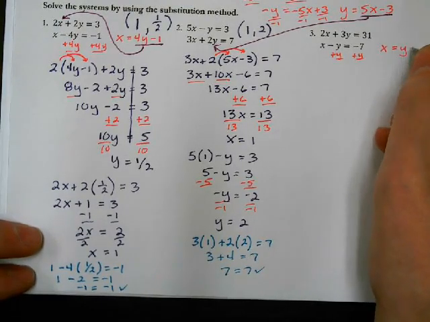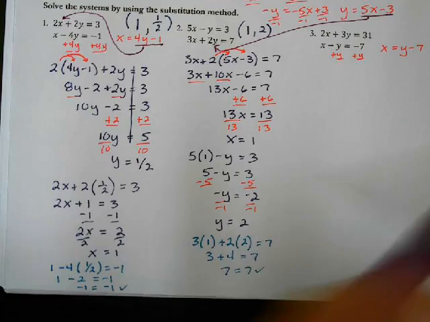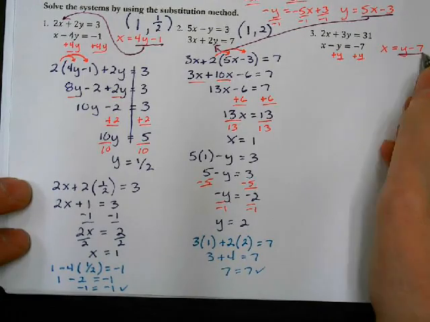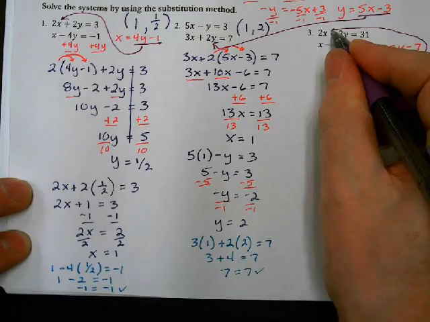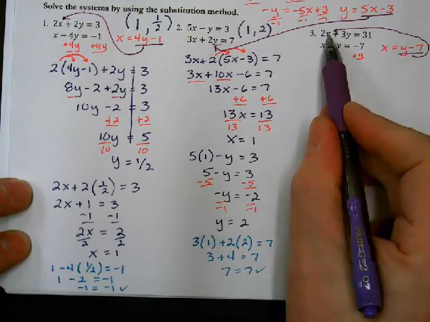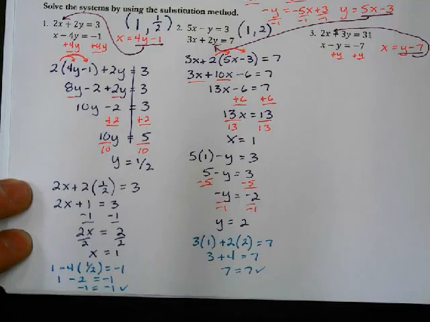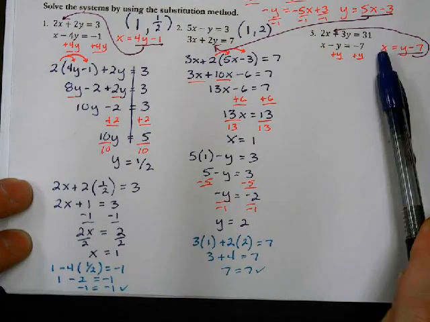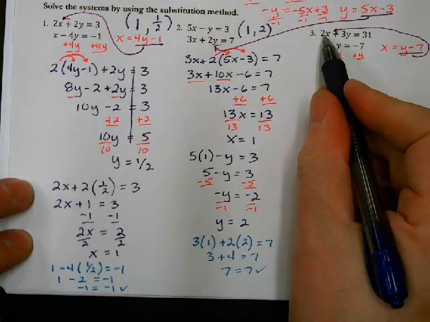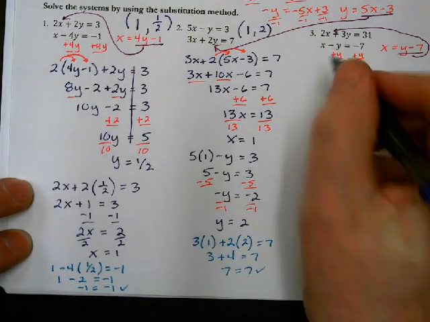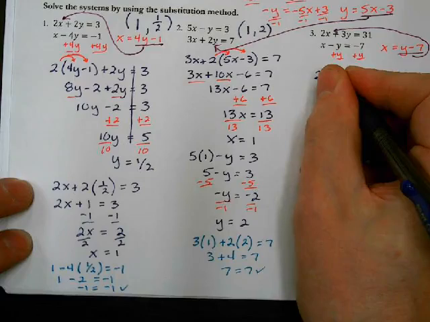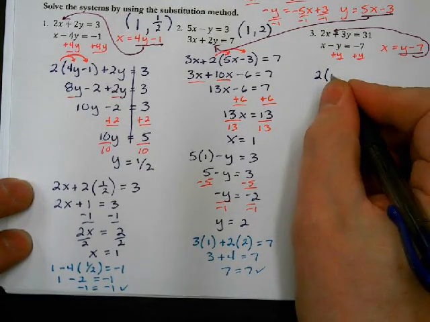Okay, I'm going to take y minus 7 and plug that in for x right here. That's step number 2. Step number 1, I isolated x. Step number 2, I'm going to substitute in y minus 7 for x. So 2, and then instead of x, I'm going to write y minus 7, plus 3y equals 31.